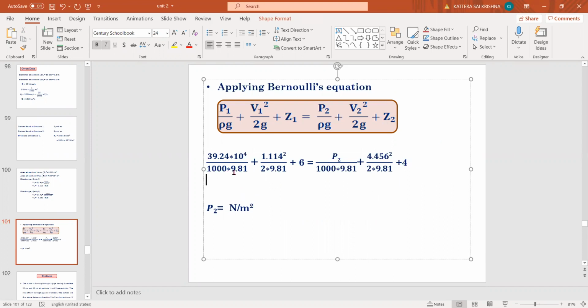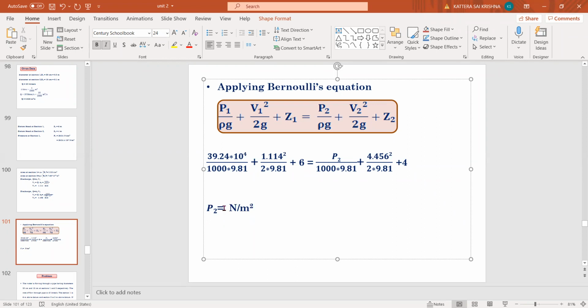Okay, so what is this first term value you are getting? 39.24 into 10 power 4 divided by 1000 into 9.81. So these 3 zeros and the zeros here you can cancel. So we have 392.4 divided by 9.81. This is 40.